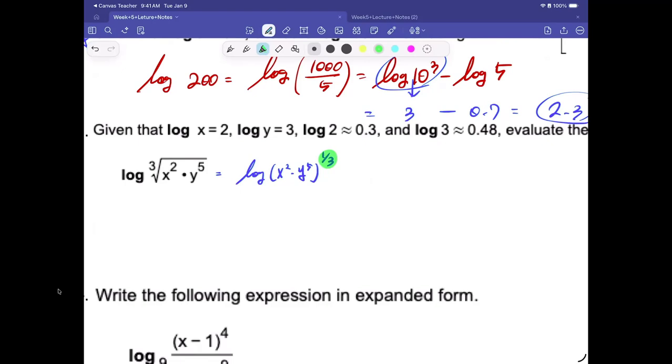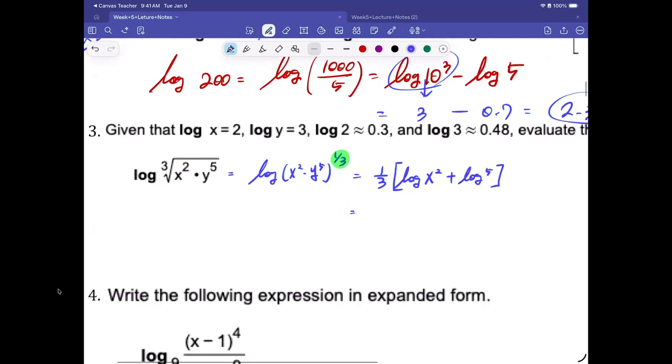And then that one is also 1/3 log, with, don't forget the parentheses, right? And then all the exponents, I'm going to bring to the front.